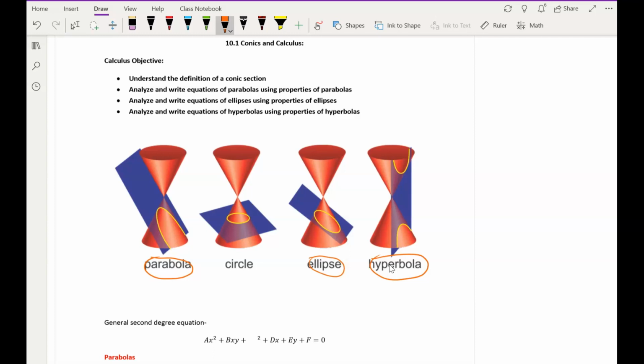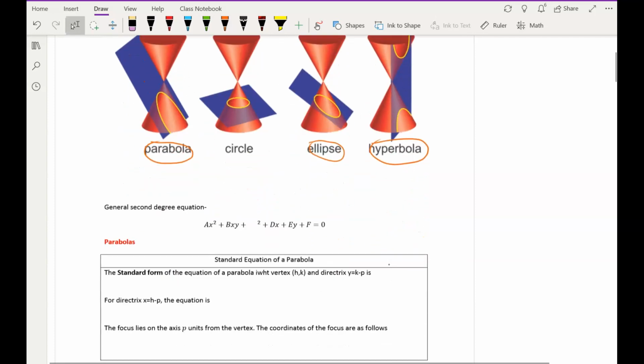But then we will see how these conic sections can be incorporated in a calculus context, I guess. Okay, so any conic section can be represented with a general second degree equation, which is ax squared plus bxy plus cy squared plus dx plus ey plus f equals 0.